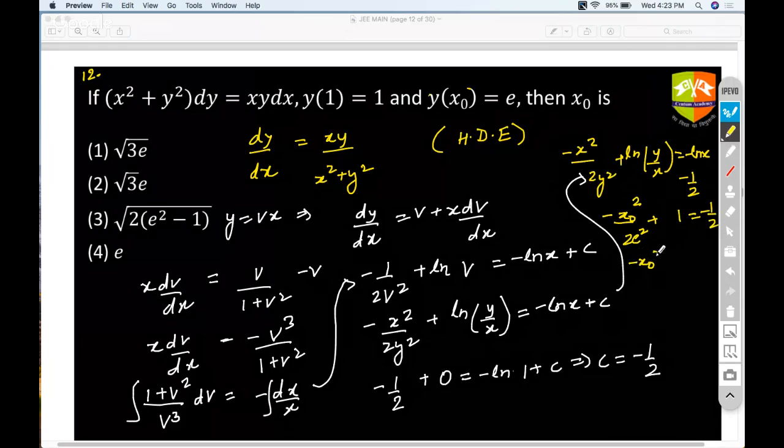It becomes negative 3 by 2. Negative negative gone, 2 gone. So x naught square is equal to 3e square. So x naught is going to be root 3e, in fact plus minus root 3e. So one of the values they should write, x naught can be plus root 3e, which is option number 2, which is correct.